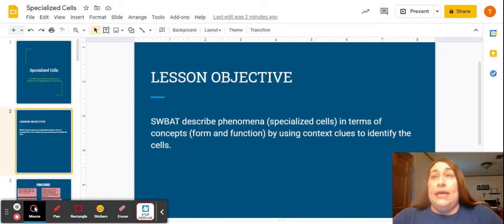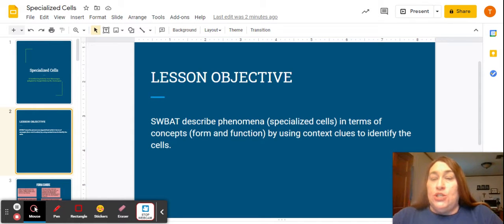Now I want you to take a moment to think about what that is going to prove you know. So if you looked at the first part of my objective, you should see that this is going to prove to me that you can describe specialized cells in terms of their forms and their functions.